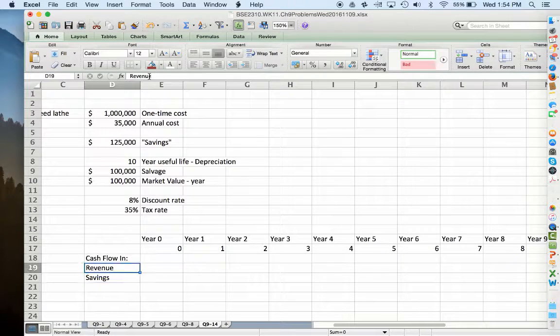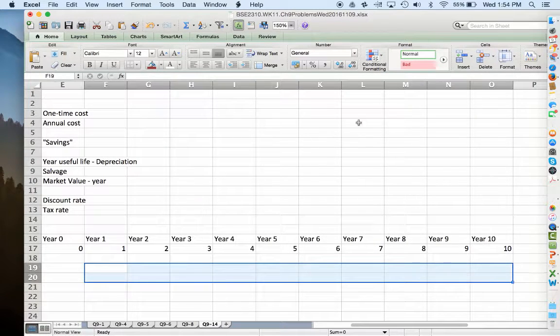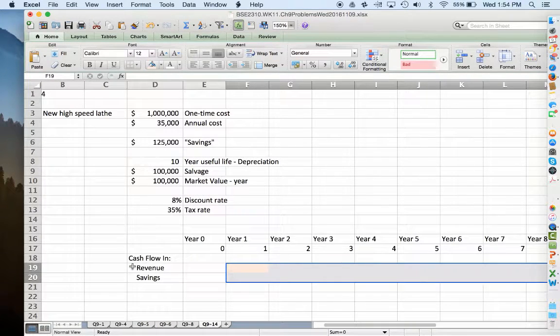This is money that you're going to put back in your wallet. And that revenue or savings is going to recur over the life of the project. So in this project, do we have incremental revenue? No. Do we have incremental savings? Savings. So starting in year 1, I'm going to incorporate the savings.